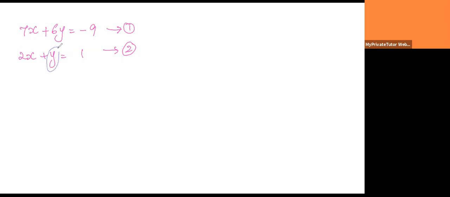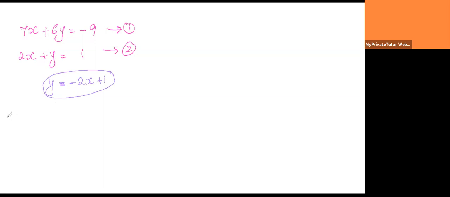But if you look at the second equation, we have 1 as a coefficient. So find the equation for y. Move this 2x to the other side. If 2x comes to the other side, we'll get y equals minus 2x plus 1. I hope everyone agrees with this step.